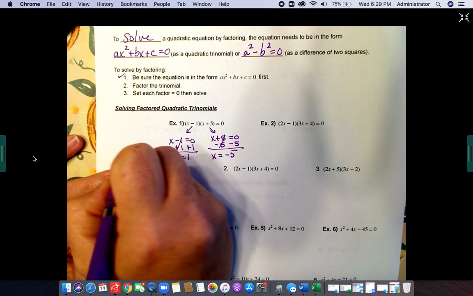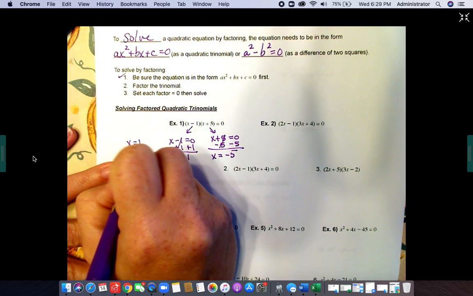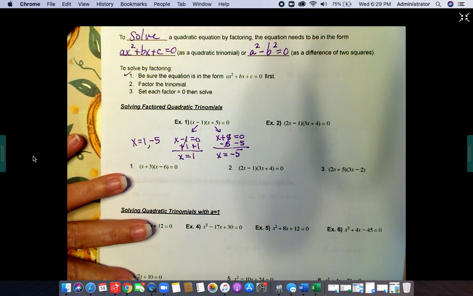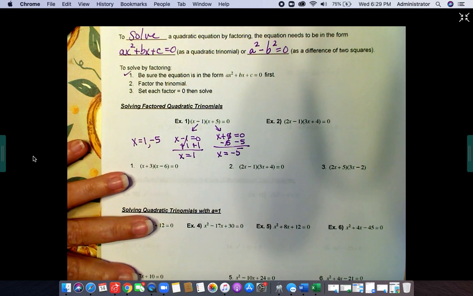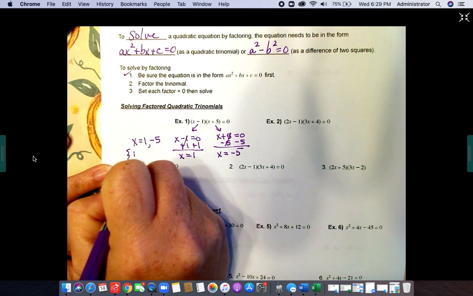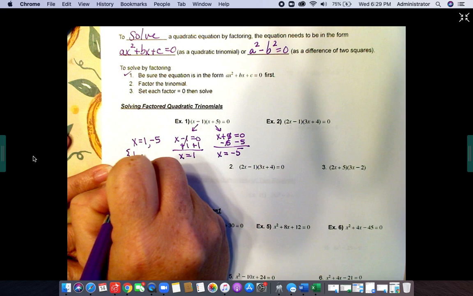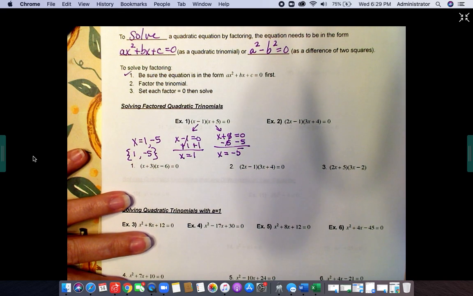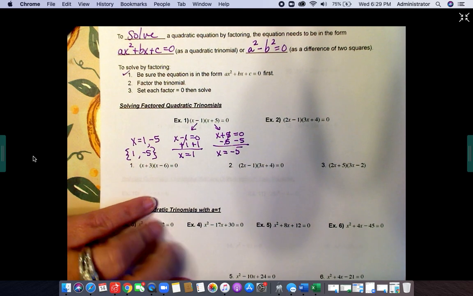You can say x equals 1 comma negative 5, but do not put parentheses around them. They can be written as ordered pairs, as in the ordered pair 1, 0, and negative 5, 0. Or sometimes you'll see set notation. In Delta Math, that's what it'll do. You type in 1, hit comma, and then these brace things will pop up, and you'll be able to enter your second value. And that's all there is to it.